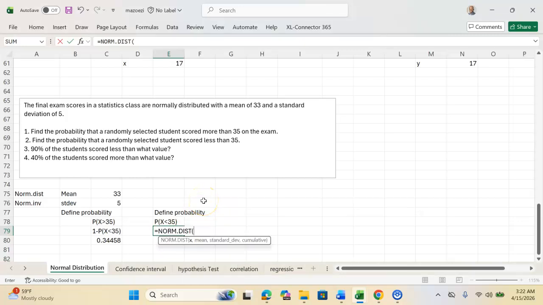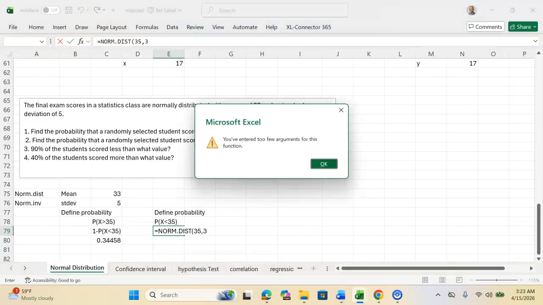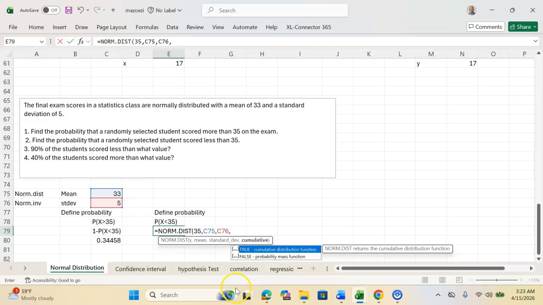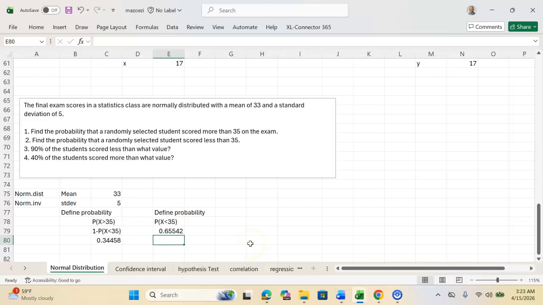Select that function, and then we're going to put the value of x. Here we have 35, and then the average, which is 33, comma, click on 5, and then true, because it is cumulative, and it is 0.66.